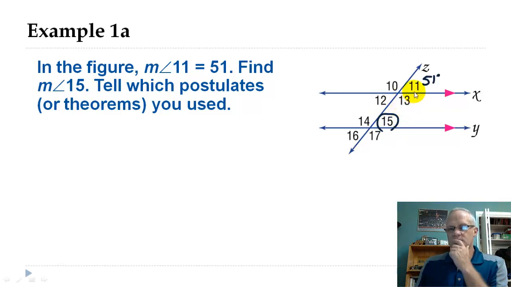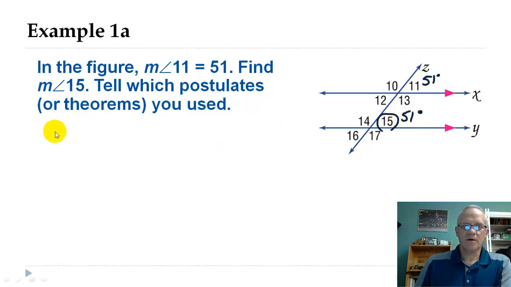So how are those related? 11 and 15, guess what? They're corresponding angles, aren't they? They're the same, just the next block over, that same corner house. So this would also be 51 degrees because they have to be congruent to each other. So the measure of angle 15 has to also be 51 degrees.